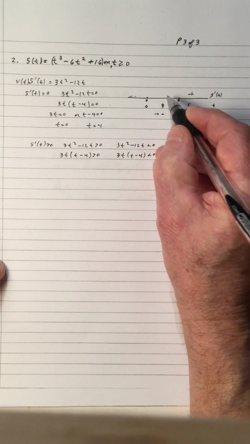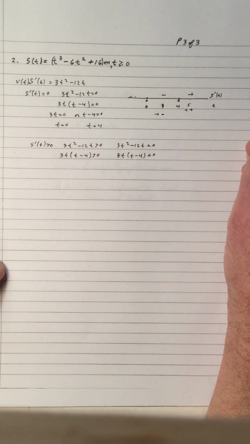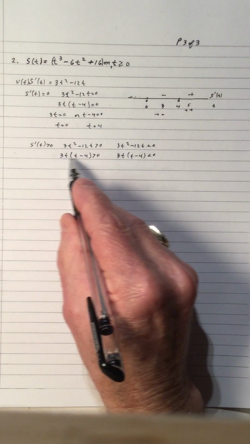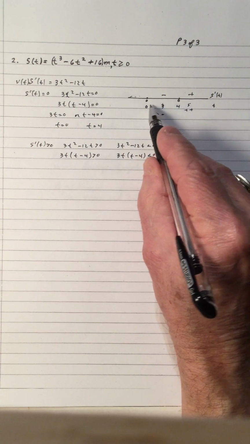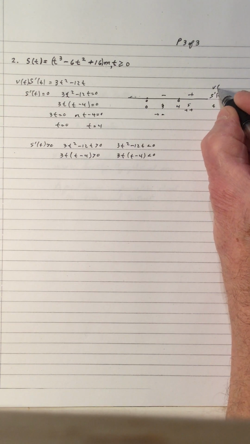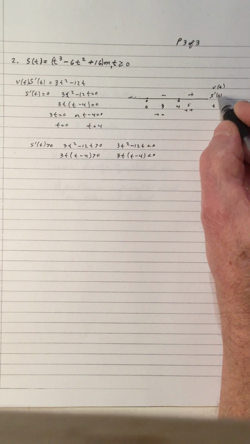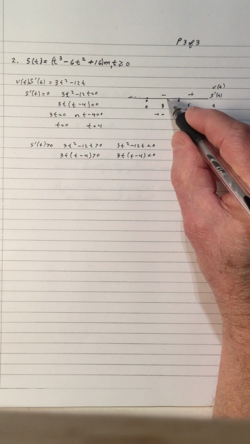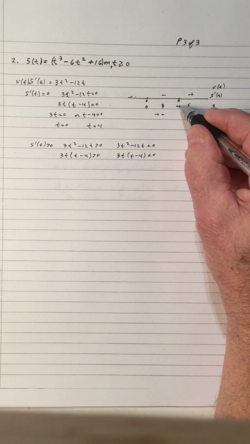So positive times a negative is a negative, which means it's less than 0. So that's the interval where the velocity, s prime, is positive greater than 4, and it's negative between 0 and 4.